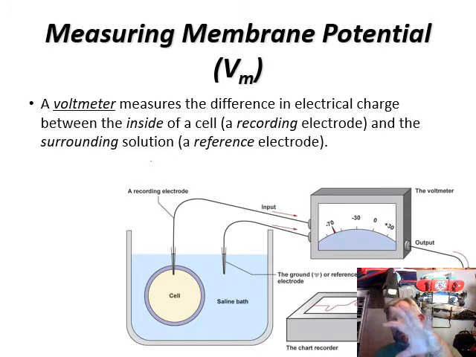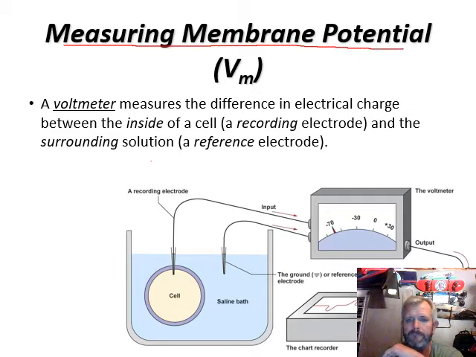So to get started looking at the electrical properties of the neuron, we first want to look at what's called the resting membrane potential, or measuring what we call the membrane potential. Okay, and many cells have this membrane potential. We're going to look specifically at the neuron.